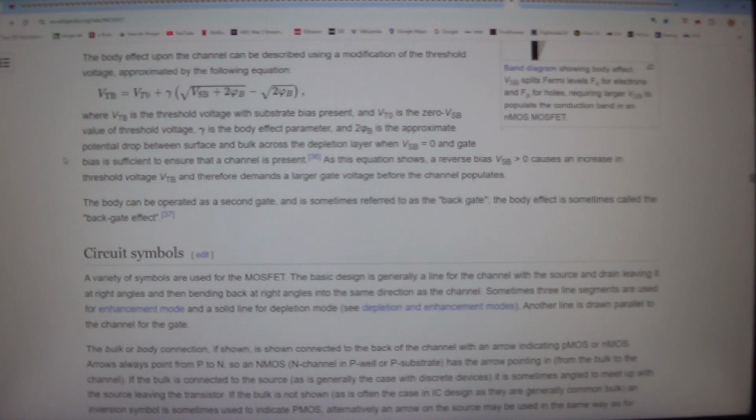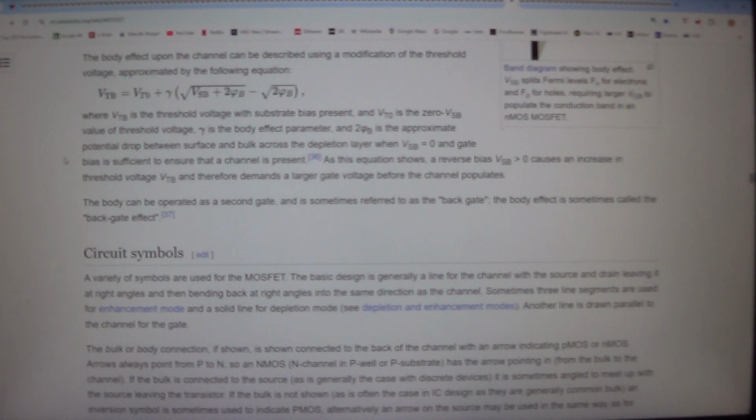Gamma is the body effect parameter, and 2φ_b is the approximate potential drop between surface and bulk across the depletion layer when V_SB equals 0 and gate bias is sufficient to ensure that a channel is present.